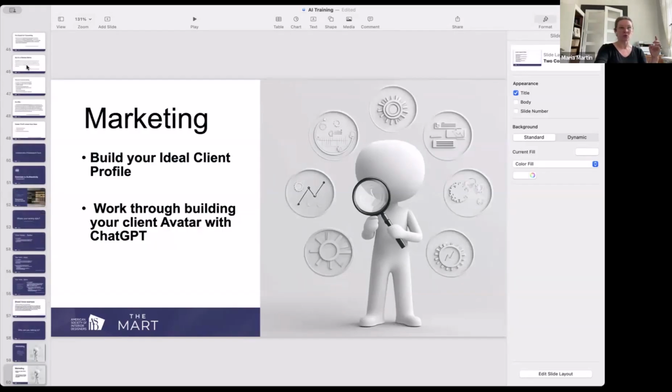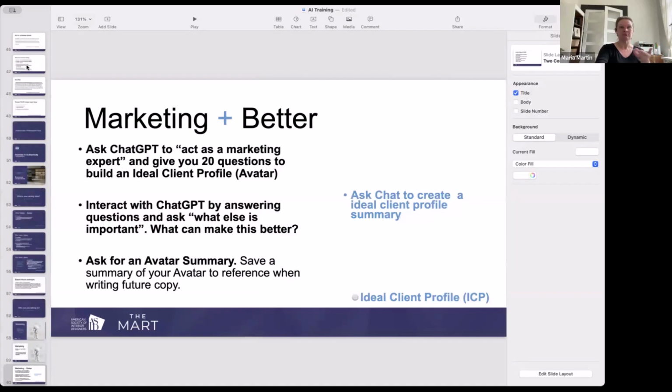And as you work through these avatar exercises that we have set up for you, you will then generate a summary. And it's going to be your ideal client profile summary. So now you have a full brand voice, and now you'll have whom they're talking to.